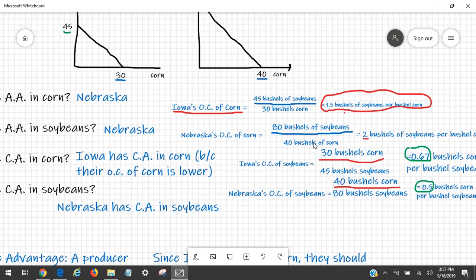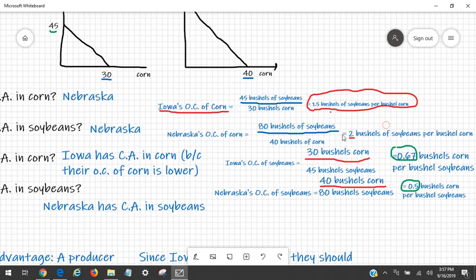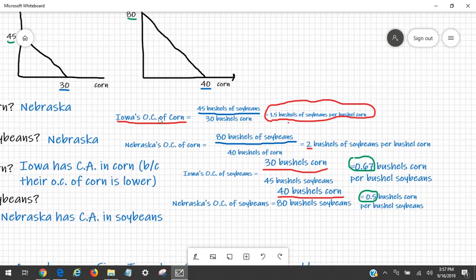Okay, now there is this theoretical possibility that you do your calculations for opportunity cost and they're equal. What would happen if Iowa's opportunity cost of corn was 1.5 and Nebraska's opportunity cost of corn was also 1.5? That's a rare exception where you would say neither economy has the comparative advantage.